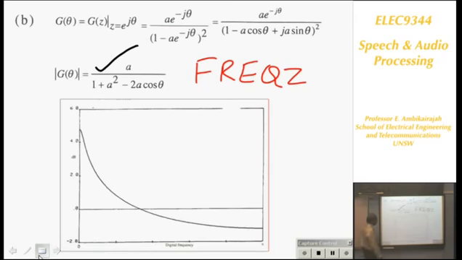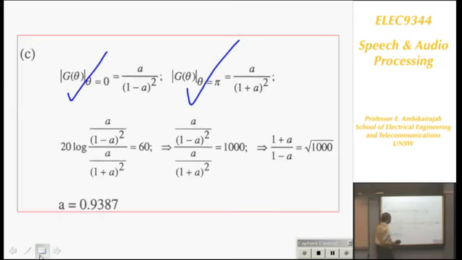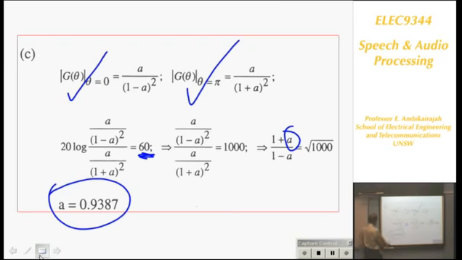Basically, the C part is then to find out your magnitude at 0, find out the magnitude at pi from the equation, then take 20 log of A divided by B, which is equal to 60 dB given. You just simplify this and find the value of A, and when you work it out, A becomes 0.9387. That's your final part.